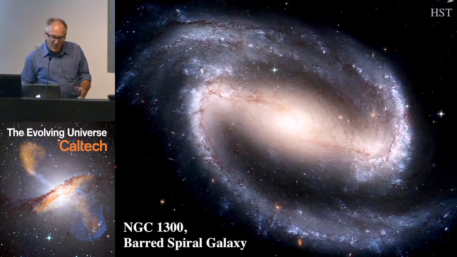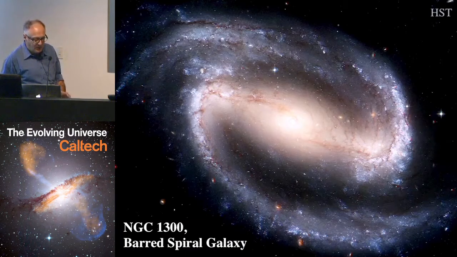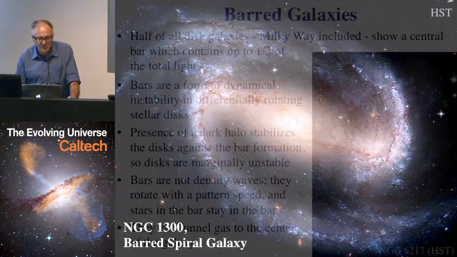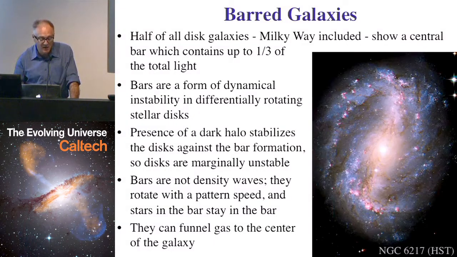This is a textbook example of a barred spiral. There is a bulge, there is an elongated bar. From the end of the bar begin spiral arms. And roughly half of all spiral galaxies have bars, including our own. And they can be very luminous parts, maybe up to a third of all starlight.